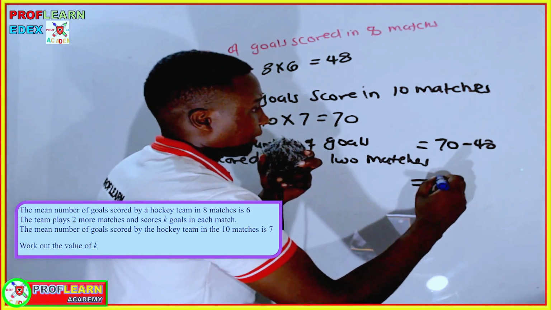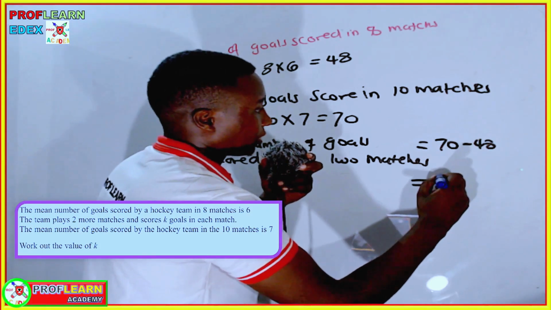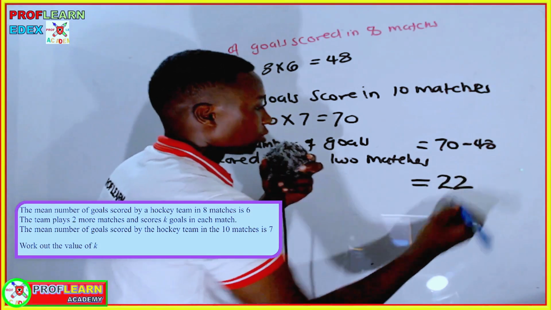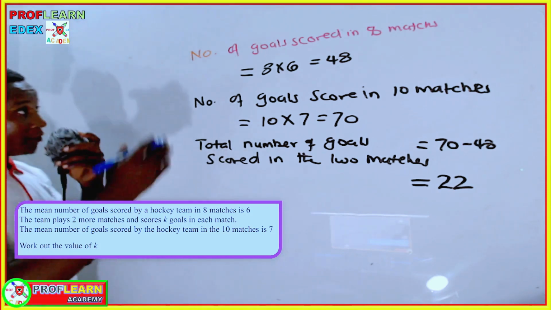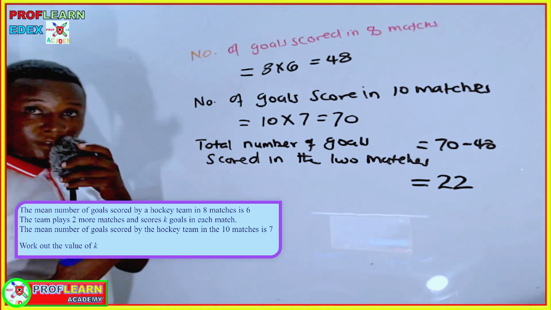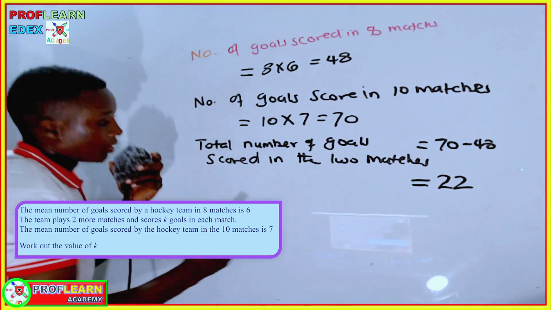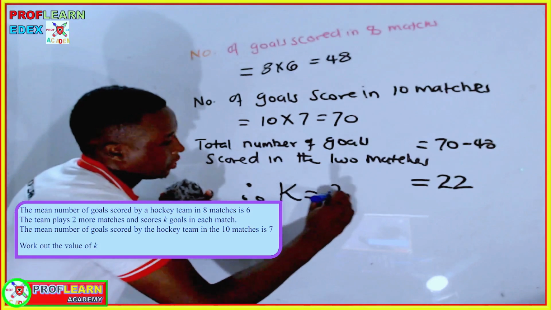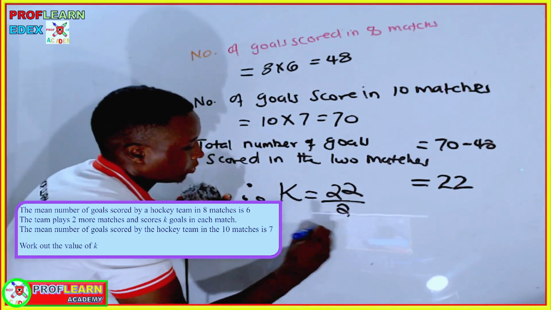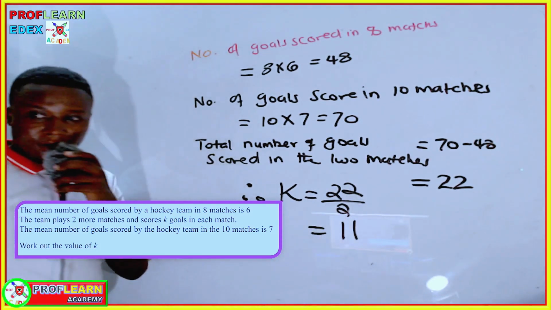If we subtract, we get 22. But we were told that each of the 2 matches scored k goals. So k is going to be 22 divided by 2, and that becomes 11.